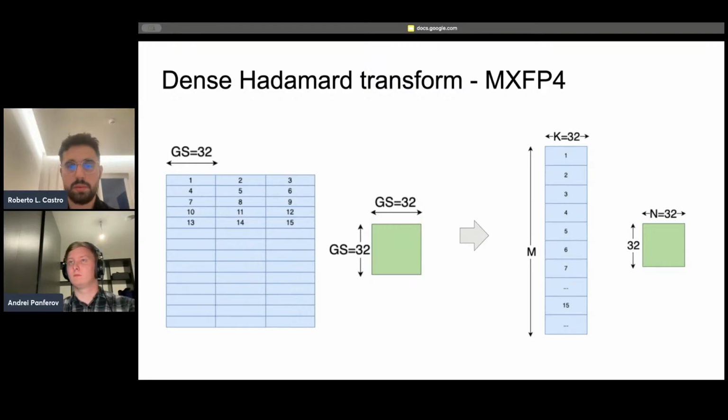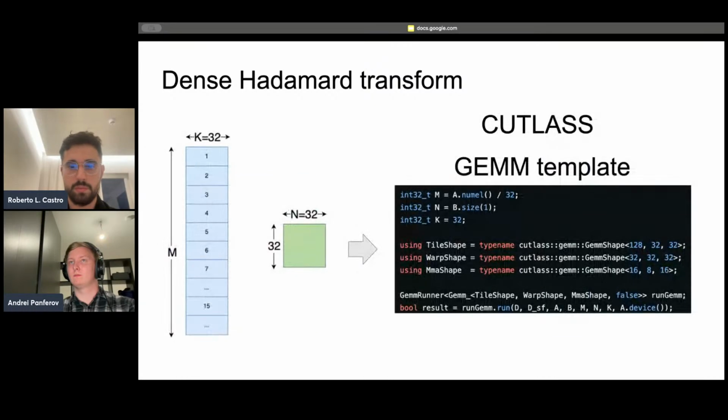So taking advantage of this alternative way of solving this Hadamard transformation, we have defined a custom CUTLASS GEMM template, right, to execute this in the following way. So the inner dimension, which is this one over here, is going to be fixed to 32, right?